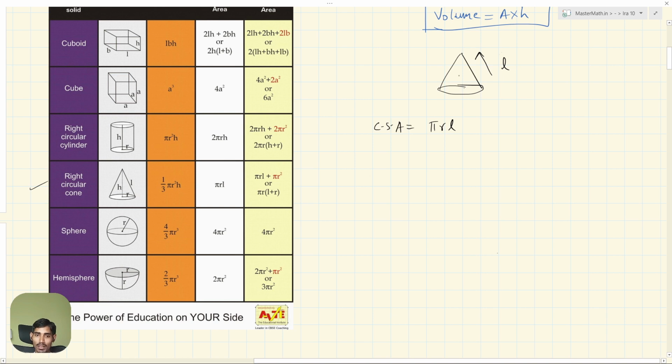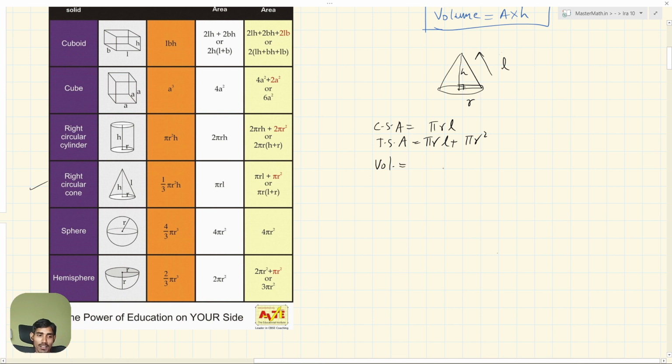This is the altitude, the actual height from the base to the topmost point, and this is the radius. So it is not 2 pi r into L because it is decreasing, so pi r into L. I remember it that way. This is the curved surface area, and if you need total surface area, add pi r square, the base of this cone.